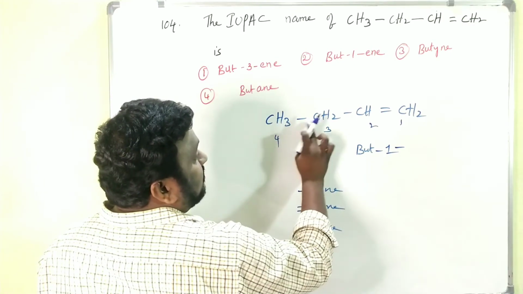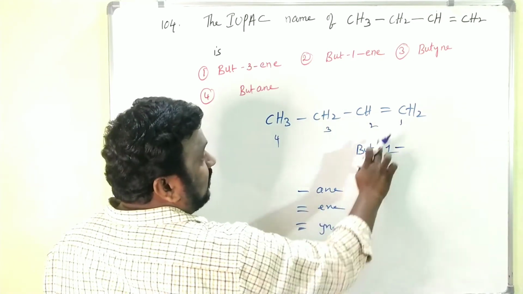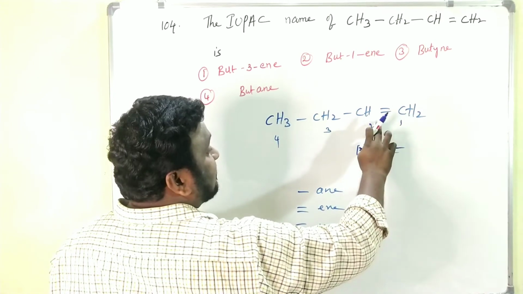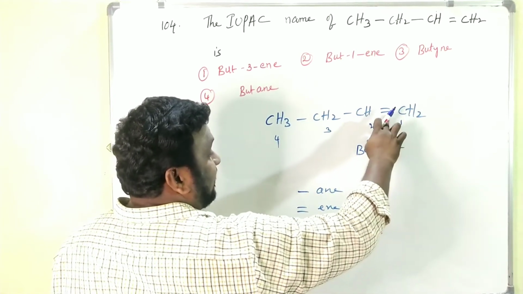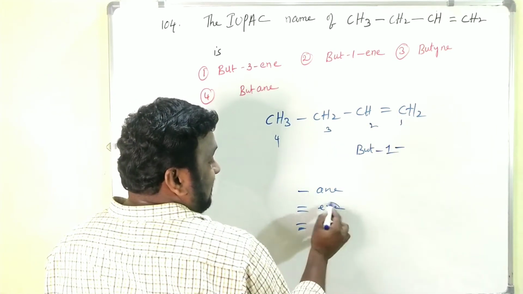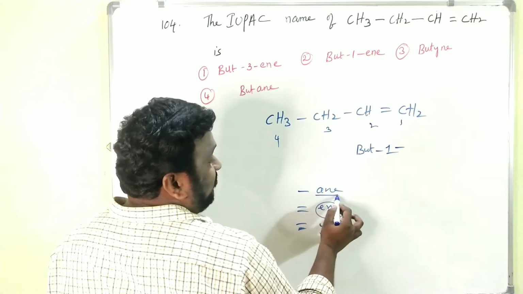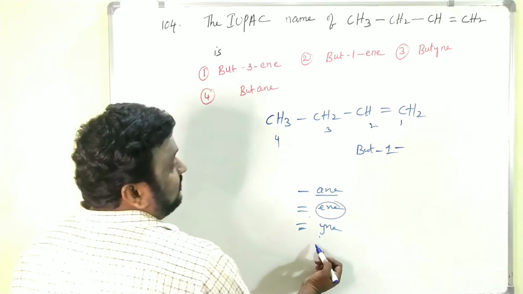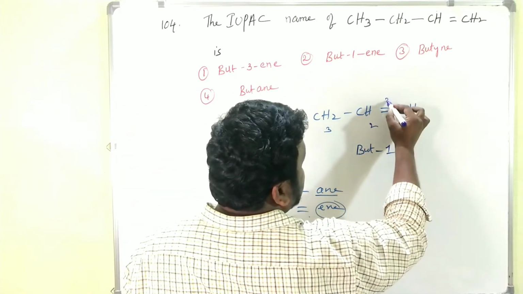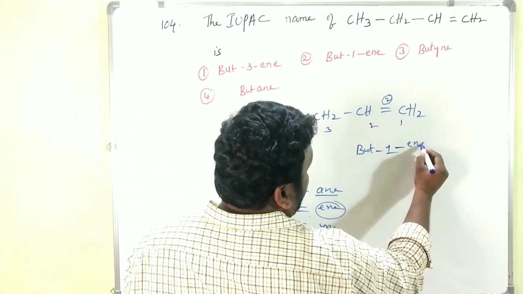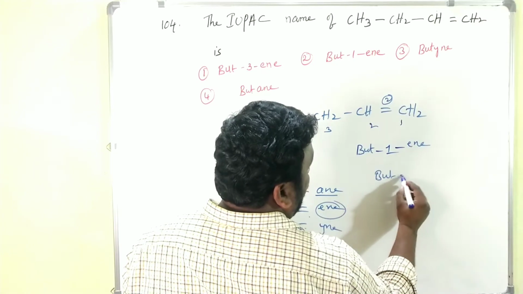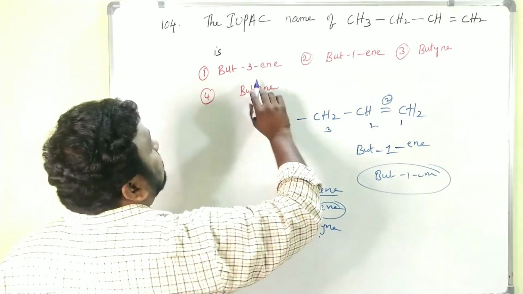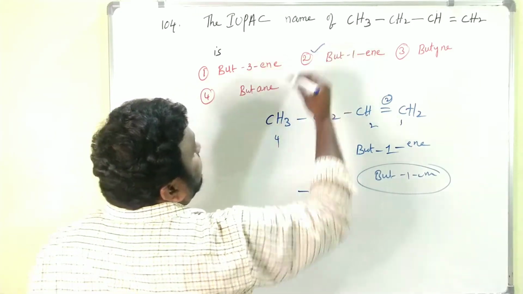So here 4 carbons are there, we say but, and the double bond is at position 1, so we say ene. So but-1-ene is the right option among the 4. Second option is the right one.